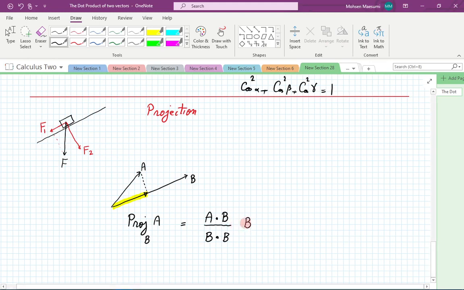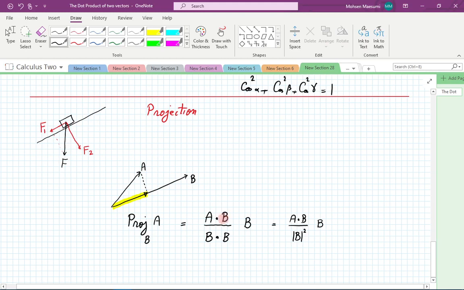So 5 items: 4 of them are B's, representing the direction of the ramp, and 1 of them is the force itself, A. B shows up 4 times, A shows up once. Here's another style of writing this: you can write A dot B over, as we said further up, the norm of B squared.